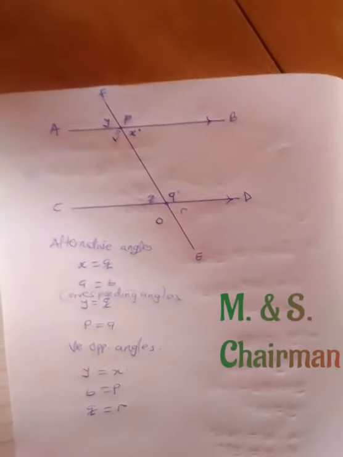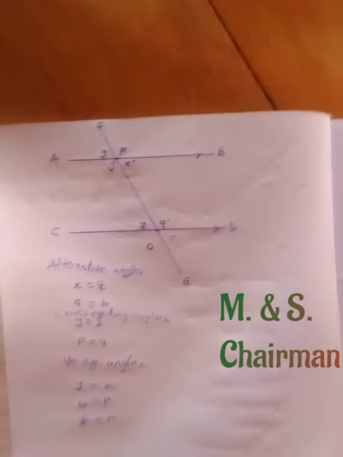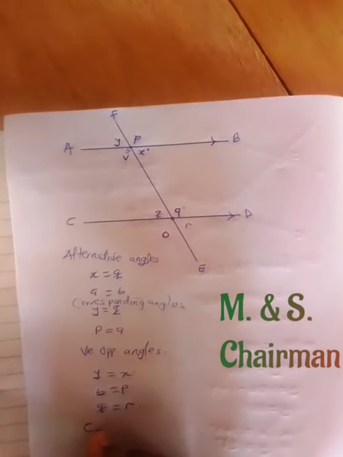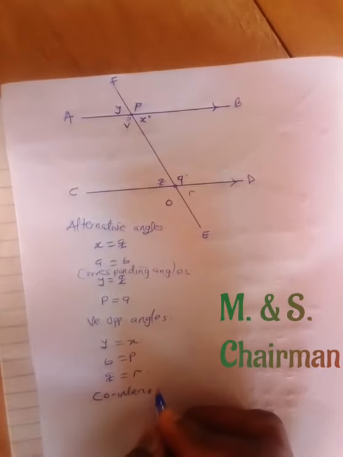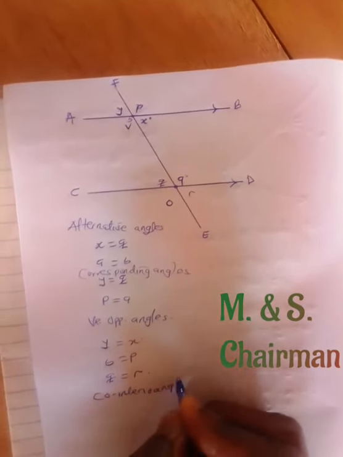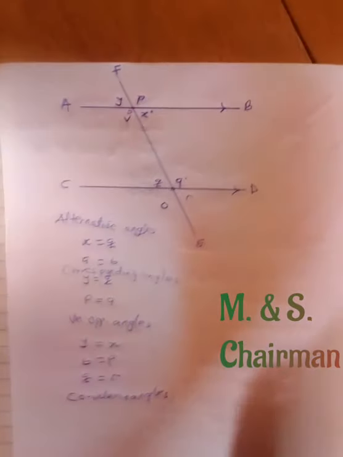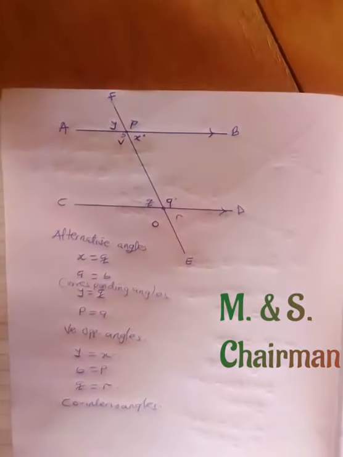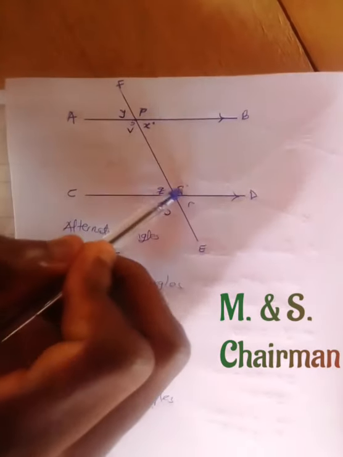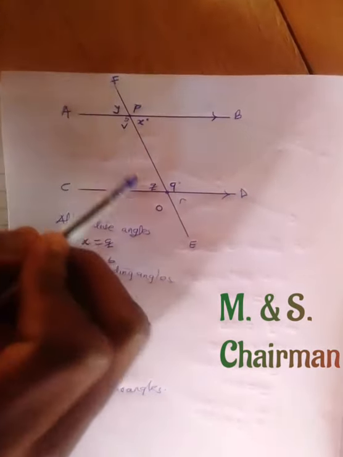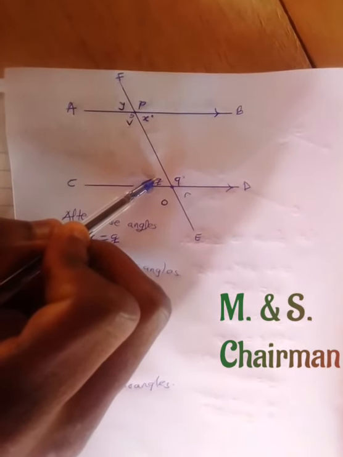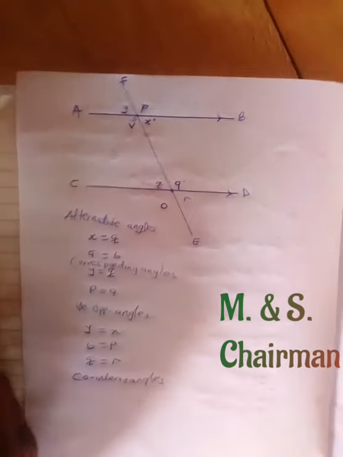When we talk of co-interior angles, they sum up to 180. So when we talk of co-interior angles, X and A are co-interior angles. B and Q are co-interior angles.